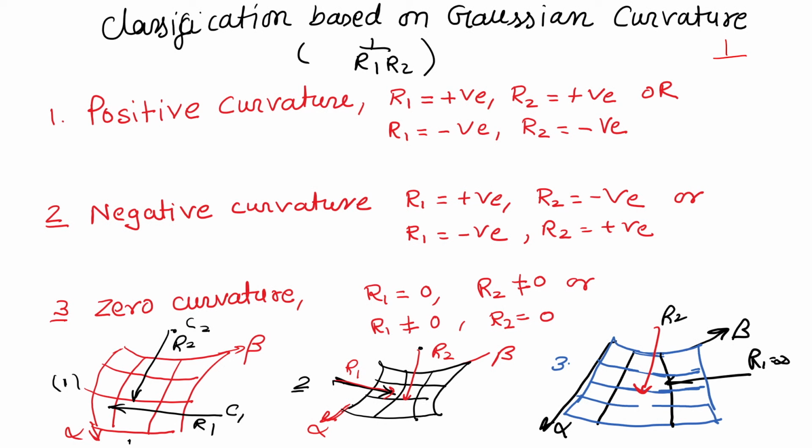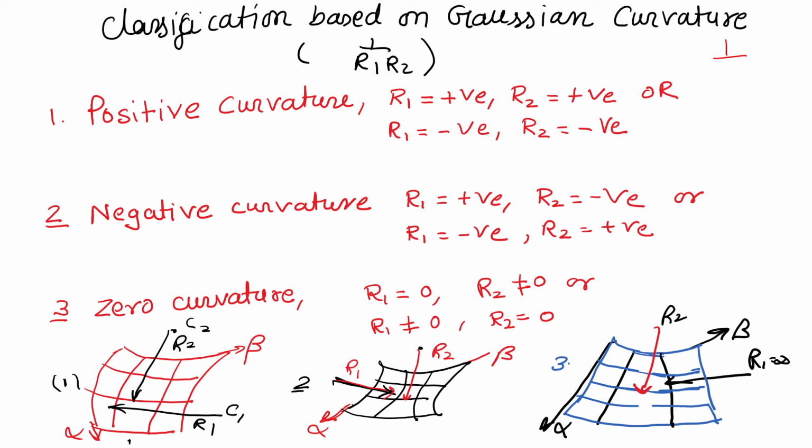Then for negative curvature, if either R1 or R2 is negative, then this product will be negative. We can say that in one direction it is negative and in the other direction positive, which provides a negative curvature to the surface. If R1 or R2 is 0, then it will have a 0 curvature.